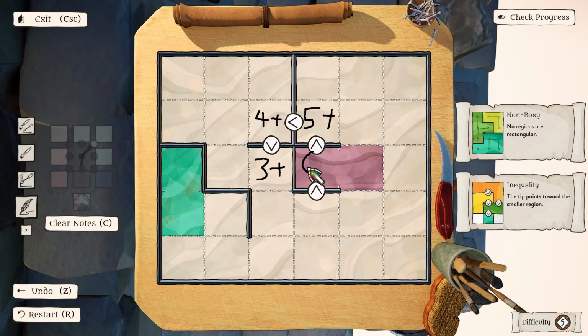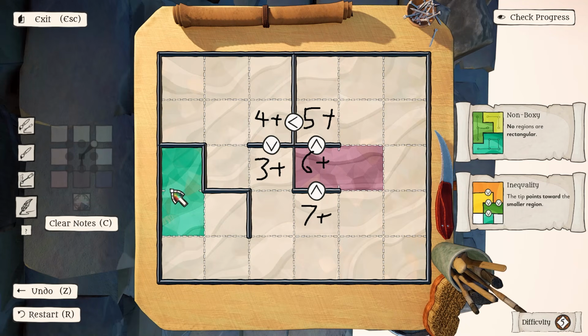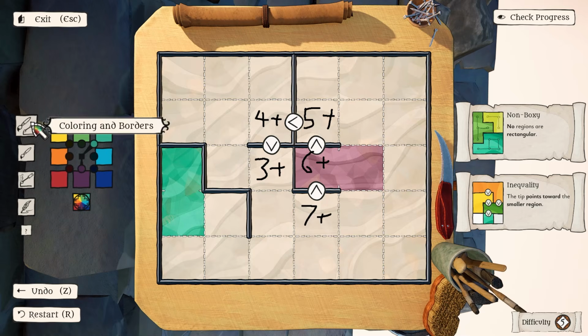This might end up just adding up to the total, possibly. 7 plus. What does this add up to? 3, 7, 12, 18, 25. No. This will be 30, won't it? This will be 5 left over. That's fine.